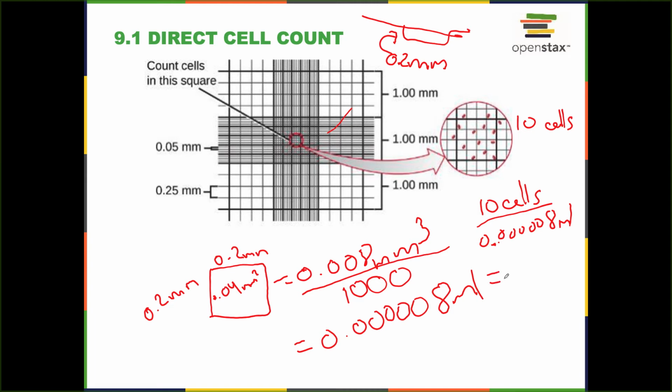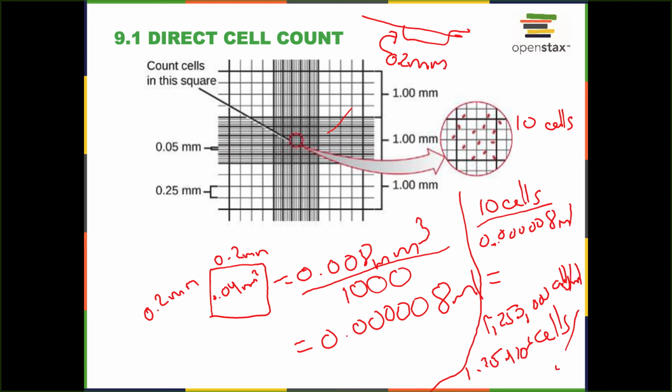And that gives us our grand total of, let's put a line there. I should use my calculator for this just in case. 1,250,000 cells per mil, or 1.25 times 10 to the 6 cells per milliliter. That's terrible, but that's okay.